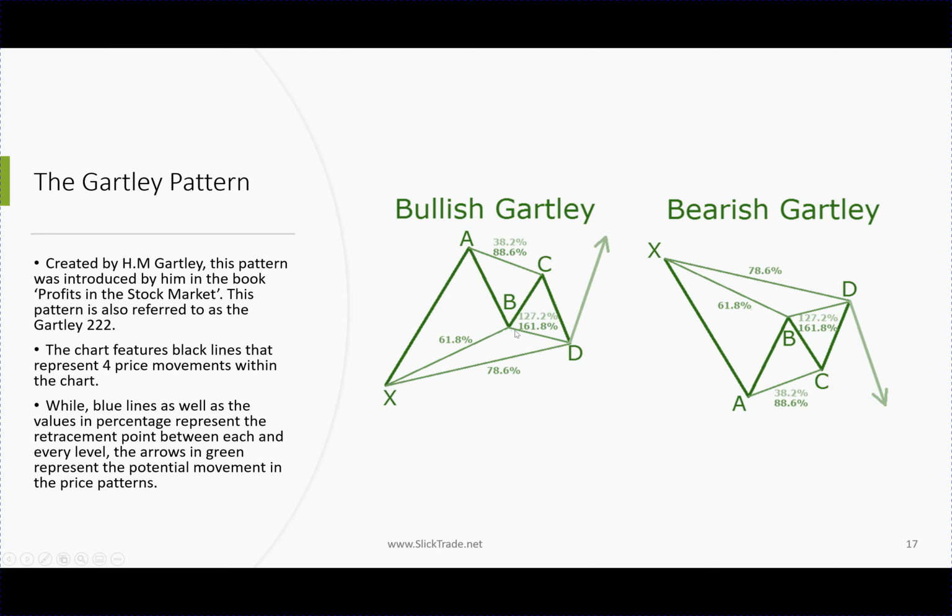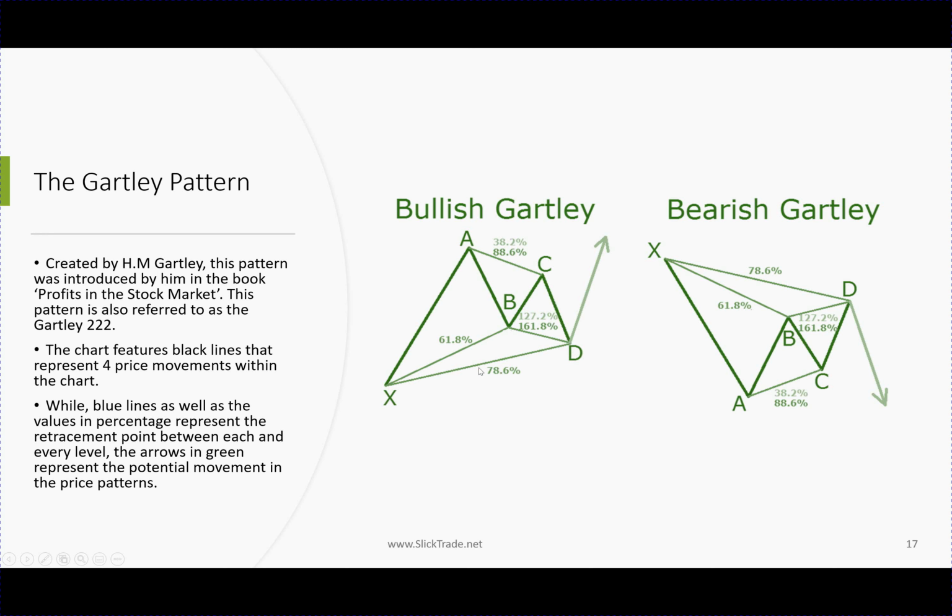Here are the black lines that I'm referring to, and here. The X, A, B, C, and D are the pivot points. The X is the start of the pattern, and the D is the end of the pattern.